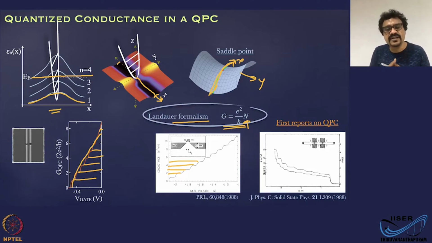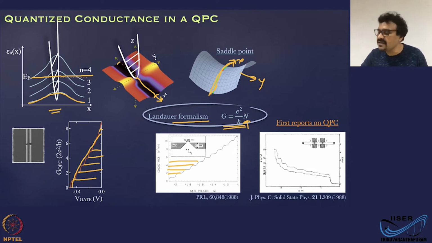In the absence of any applied magnetic field, you have both spin up and down going through a channel. So every quantized channel corresponds to 2 spin channels, so this N will be 2N, or you can say 2e square by h instead of e square by h. That is what you are seeing here.